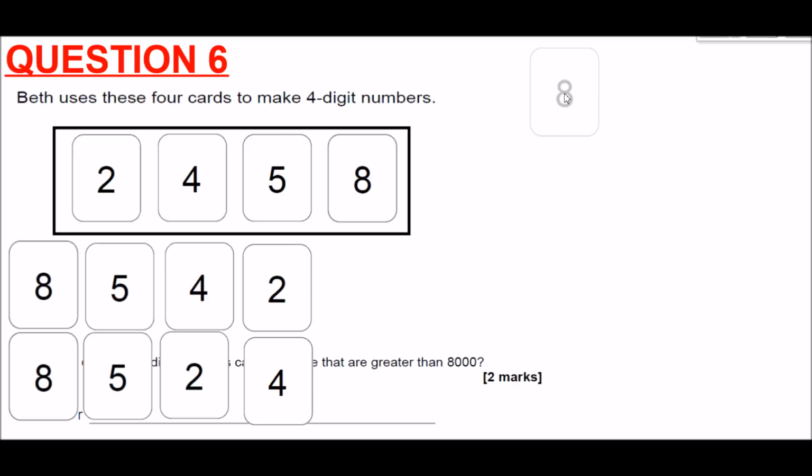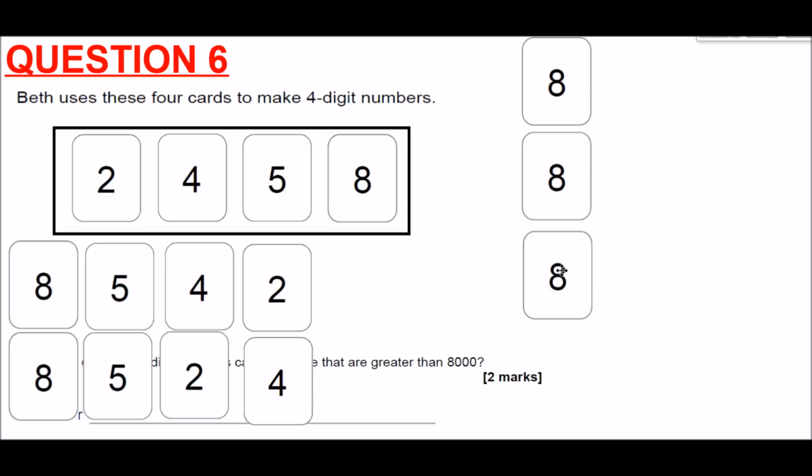In fact, what you would have in total would be 4 plus 2. 4 here, 2 here. There'd be 6 numbers in total you could make that are bigger than 8,000. What I've got here is all the numbers that are bigger than 8,500.